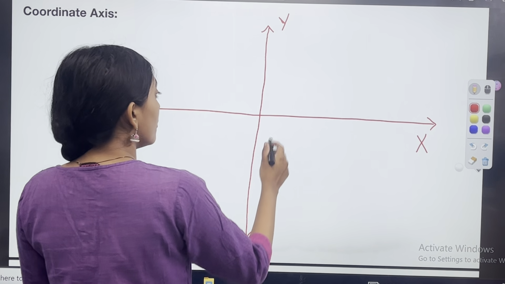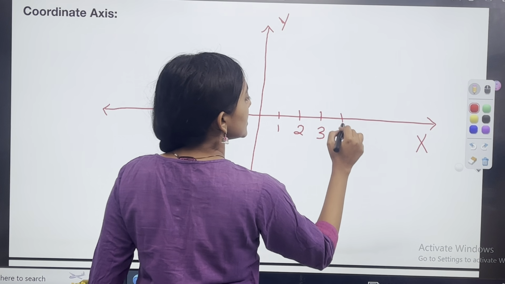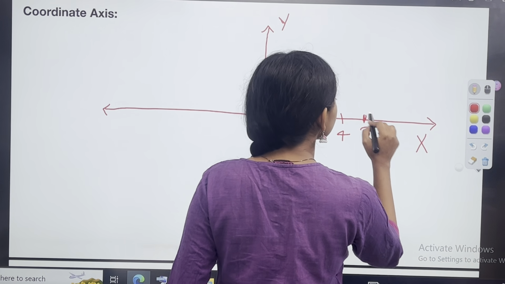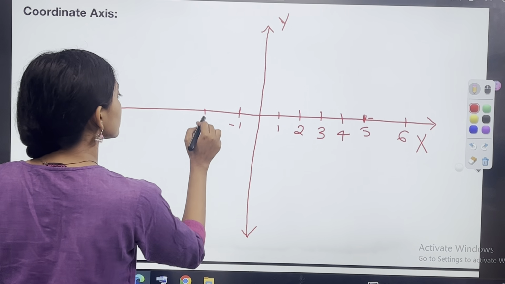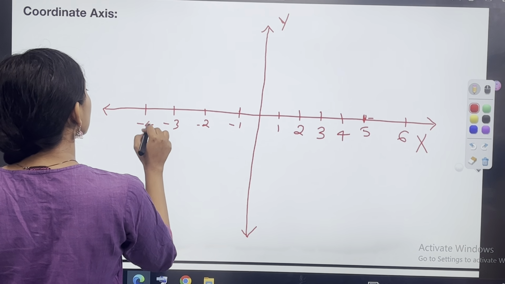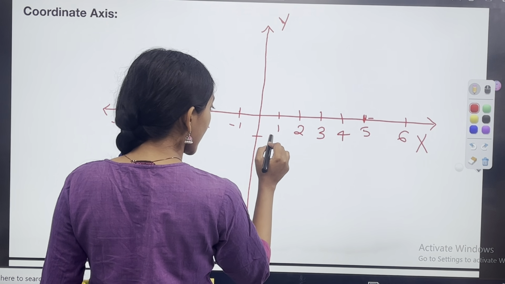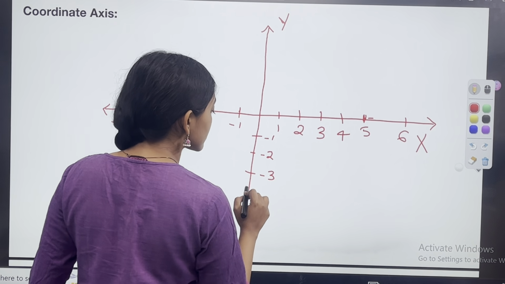Now we will try to put markings for the x-axis and the y-axis. Very often from this particular chapter, you will be given graph paper and asked to first solve questions in your answer script and actually show them on your graph paper. But before that, since we do not have an actual graph paper with us, we will do that with my smart board.